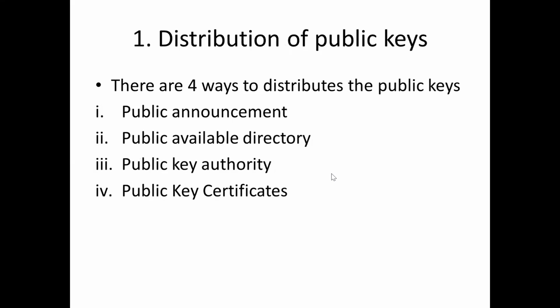Again, for the distribution of public keys, there are 4 ways: public announcement, publicly available directory, public key authority, and public key certificates. Now let us see them one by one.